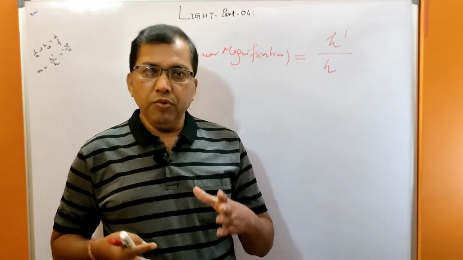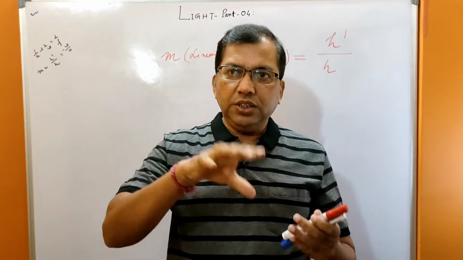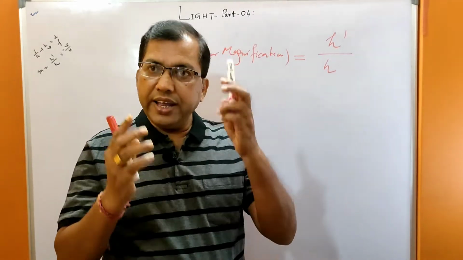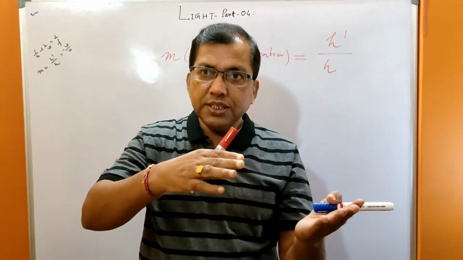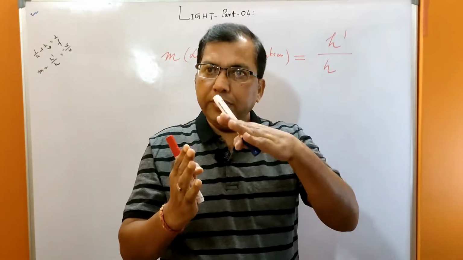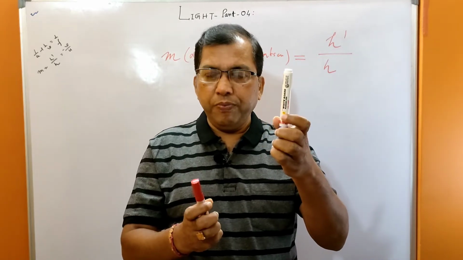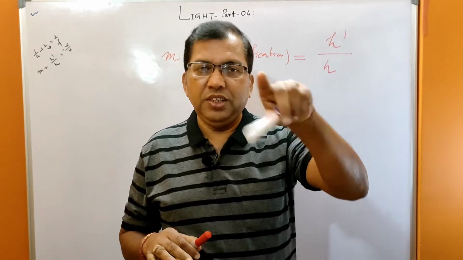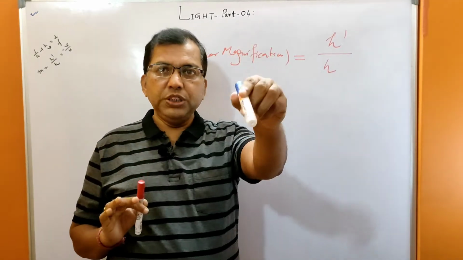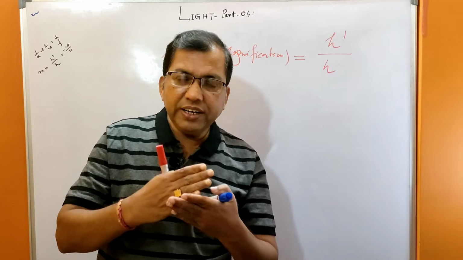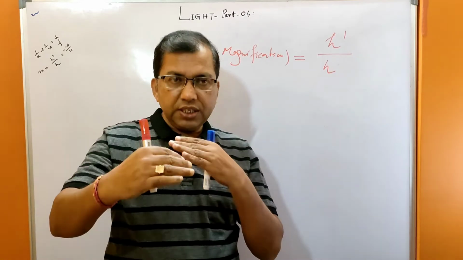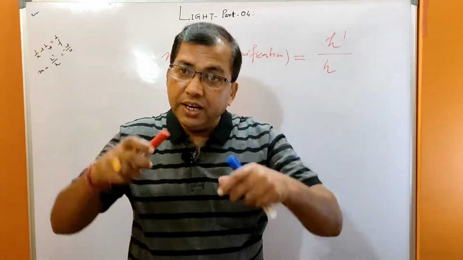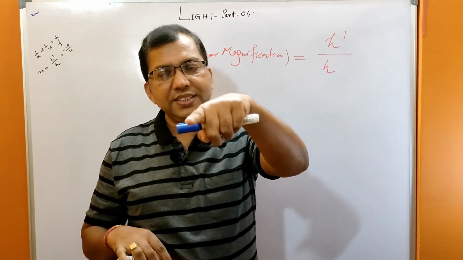In the case of a spherical mirror, when both object and image are upright, that is erect, with respect to the principal axis, the image is virtual. The image is virtual in the case of positive magnification. In the case of negative magnification in a spherical mirror, if the object is upright, the image will be inverted, that is downward with respect to the principal axis.